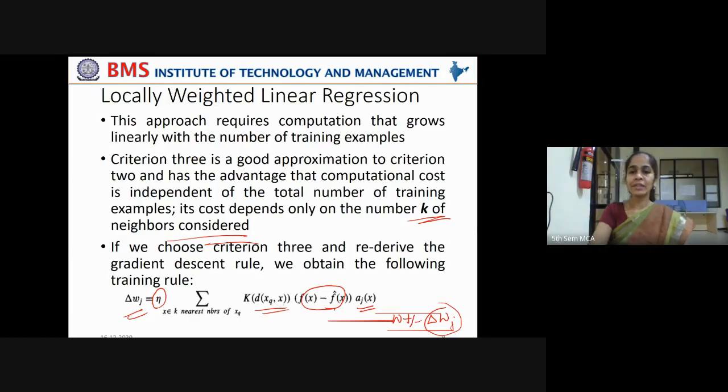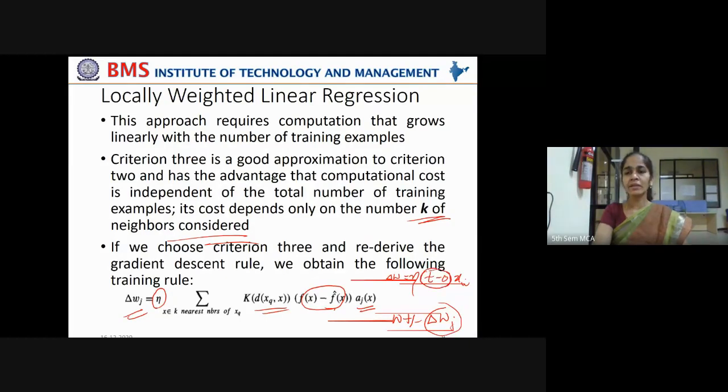Okay, so did you see now delta W, which used to be eta times t minus o times xi in the gradient descent rule, is now transformed so that it will match with this k nearest neighbor approach. So the learning rate is taken as it is.